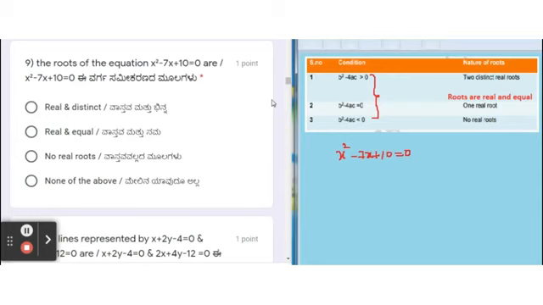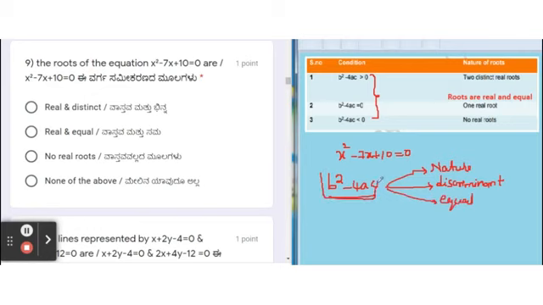Remember this: whenever the word nature is used in the question, or discriminant is used in the question, discriminant and nature being one and the same, we have to apply this formula, b square minus 4ac.